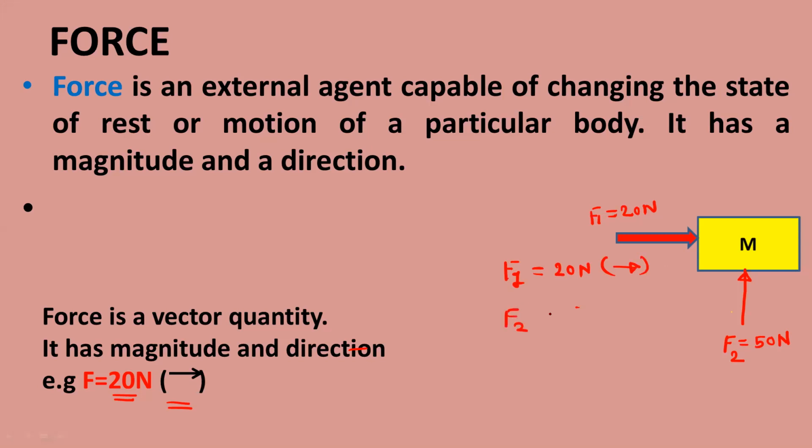For F2, we can write 50 Newton, and we denote the arrow in the upward direction, which is the positive y direction. We have another force in the negative y direction. Suppose F3 is equal to 80 Newton. Then we write F3 as 80 Newton along the negative y direction.